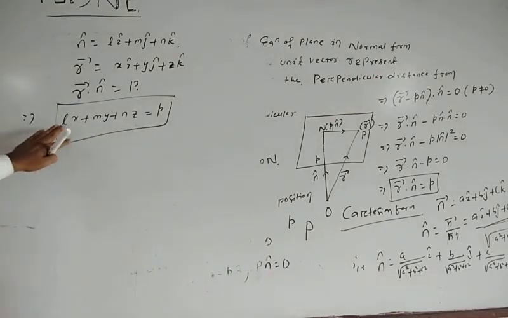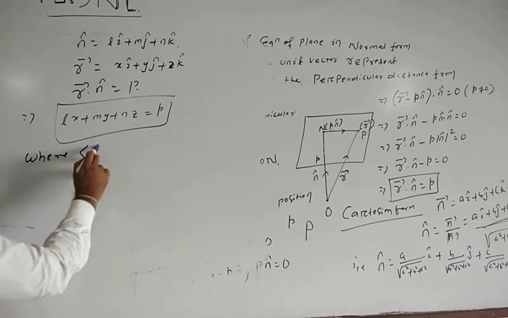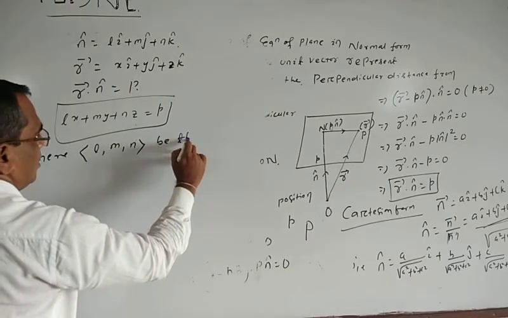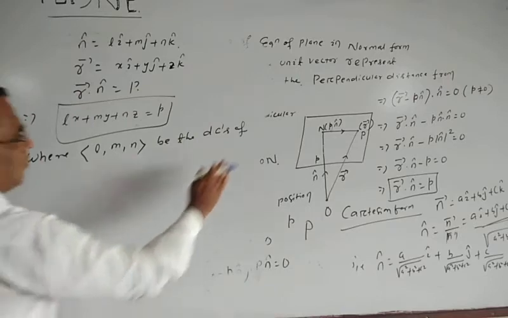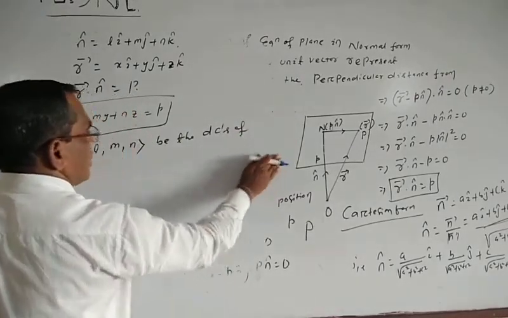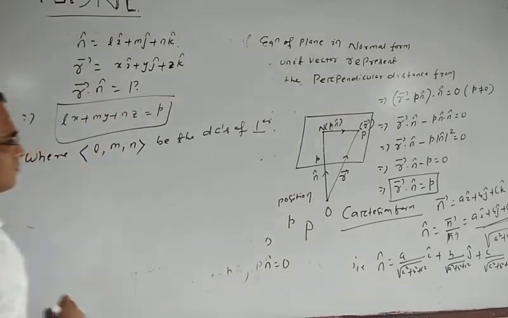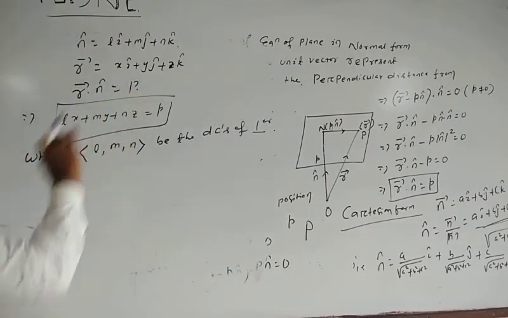What is l, m, n? l, m, n is the direction cosine of the normal, the direction cosine of the perpendicular, and p is the perpendicular distance from the origin to the plane.